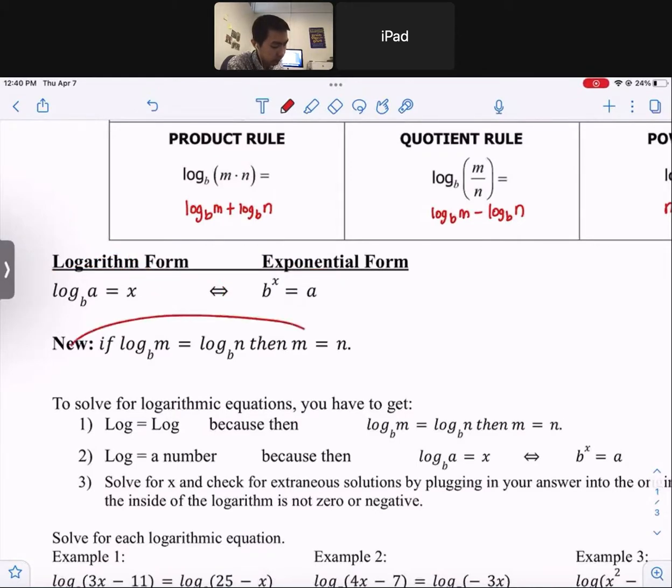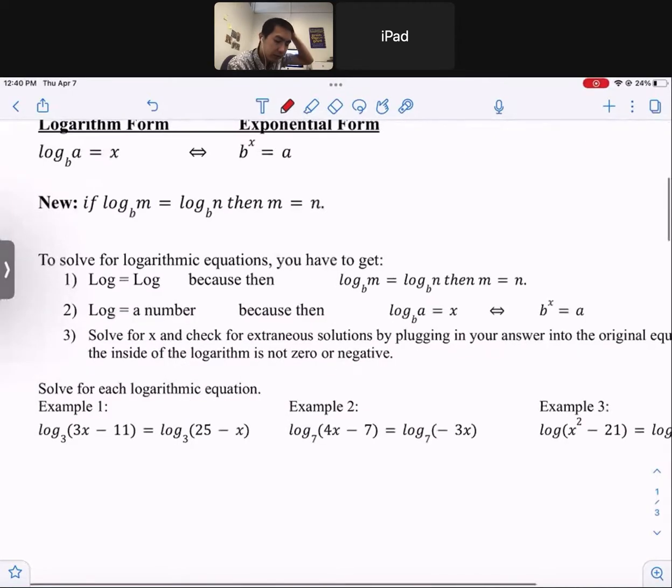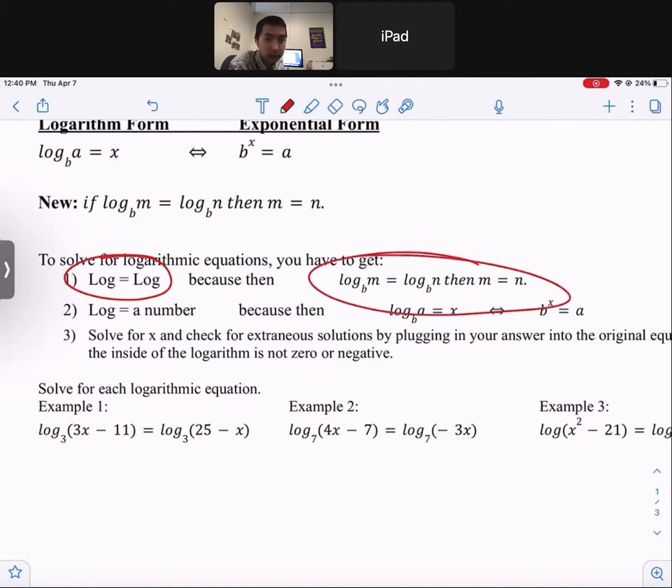This is the new equation: if you have a log equal to another log and they have the same base, then the arguments are equal, so m equals n. Basically, to solve logarithmic equations, you have to get a log equaling another log, because then you can set both arguments equal to each other.